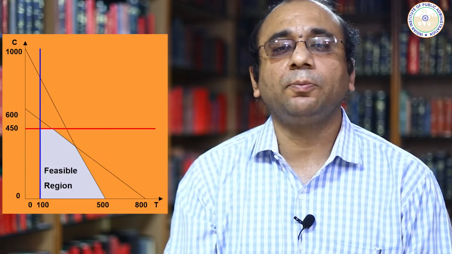There are two methods to look into the solution. One is the extreme value method, where in the common feasible region we look into all the extreme points, A, B, C and D. We also can have the hit and trial method.